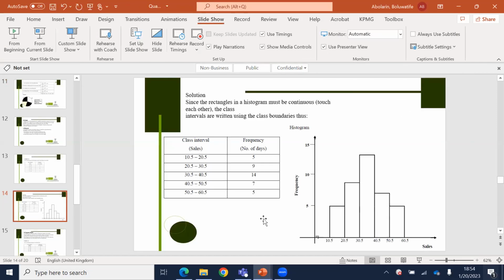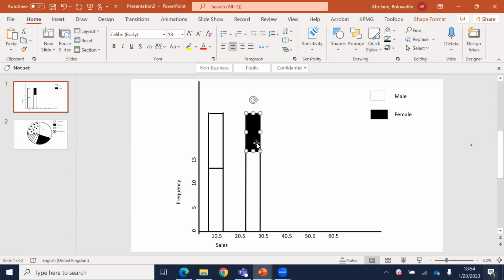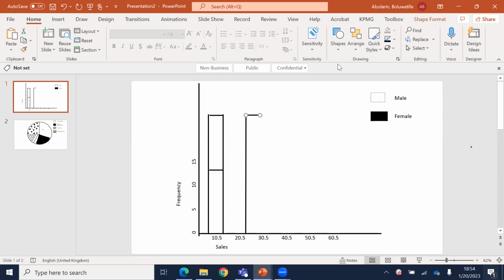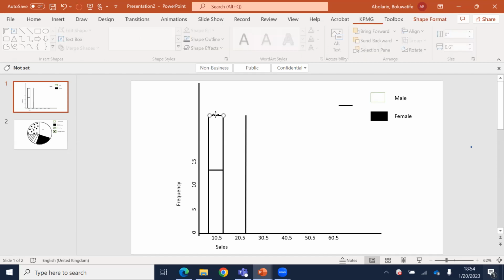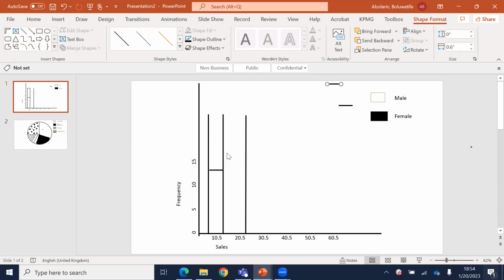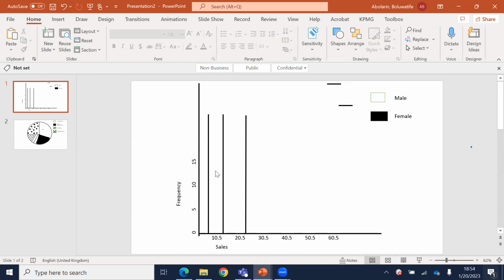So from this, I have to erase all this. So you are going to start from the middle of this 10.5.